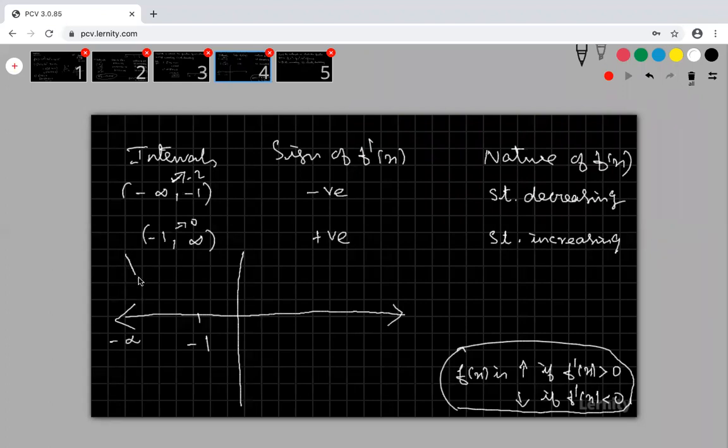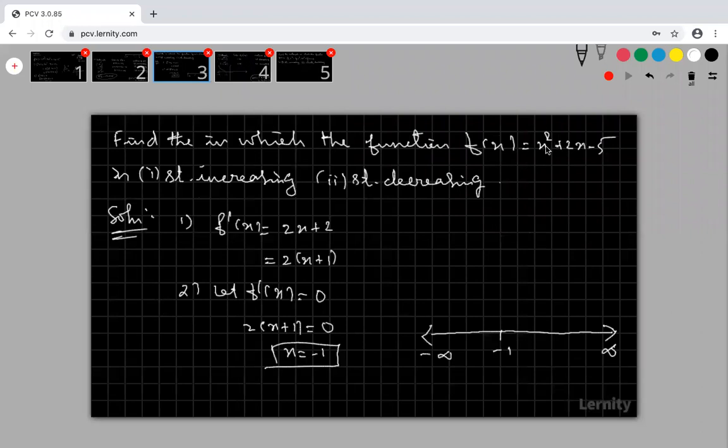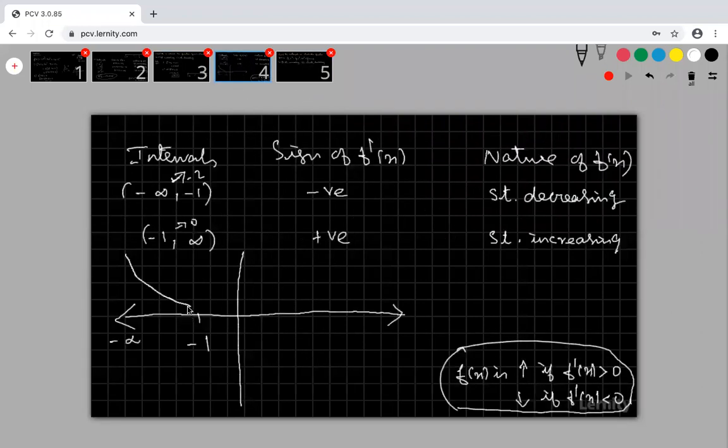It is decreasing up to minus 1. This is a quadratic function, parabola. Then minus 1 to infinity, it is increasing. Are you clear? It may be increasing like that.